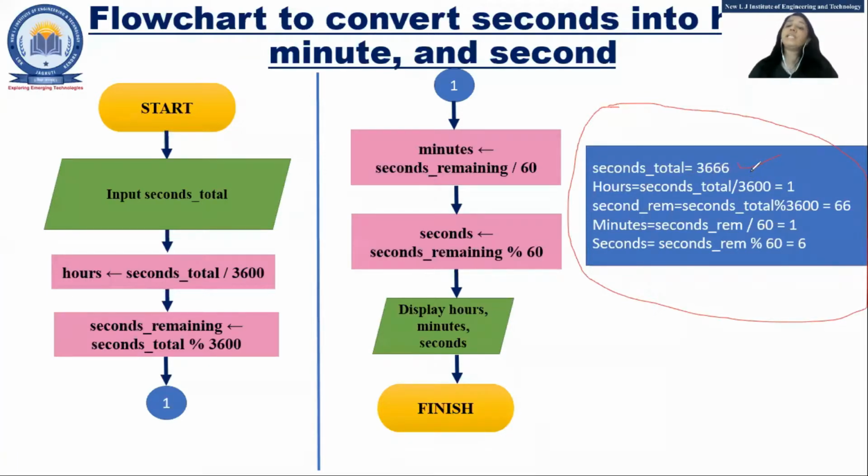Now, if I need to find out the hours from that, we know that 1 hour means 60 minutes. Now, I will be having total seconds. So for 60 minutes, that will be 3600 seconds. So whatever total seconds I have, I will divide it by 3600.